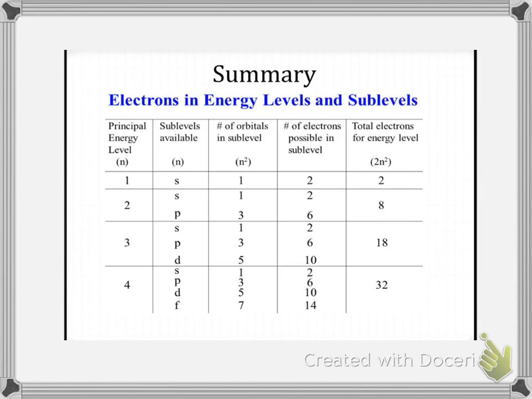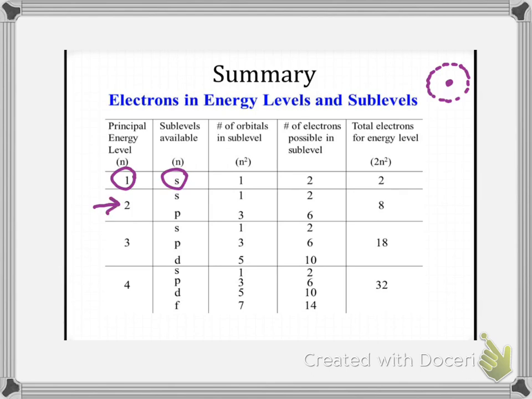Here is a summary. Now, in the first energy level, you see here where it says energy level 1. Energy level 1 is the first area outside the nucleus. This area is very small, so it only has an S sublevel. Okay?